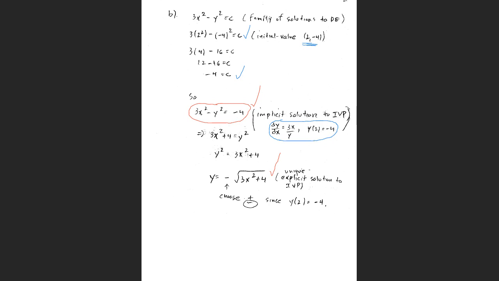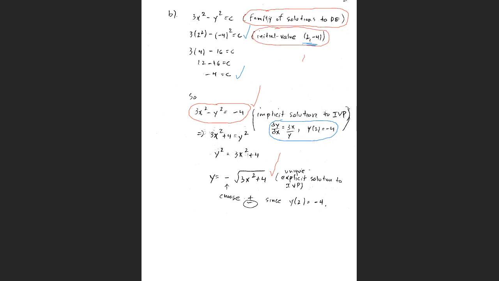Sir, what does it say in the parentheses in the initial value area towards the top of the paper? Oh, this says a family of solutions to DE. DE is differential equations. The one under that, actually. Oh, that just says initial value. The initial value is 2, -4.